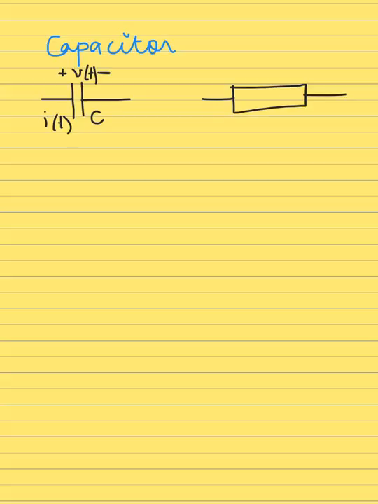Okay, so let's say for the capacitor, we have the voltage given as v(t) = Vm cos(ωt + φ), and in phasor form, it will be V phasor equals Vm at an angle of φ.